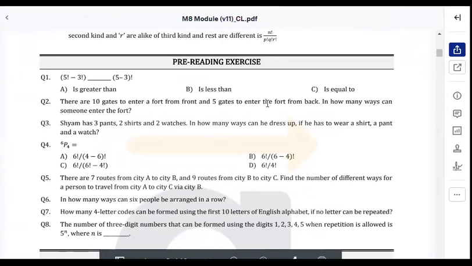Greater than, less than, equal to. Greater than, I just discussed, right? It is greater than 5 minus 3 factorial. Okay, right?